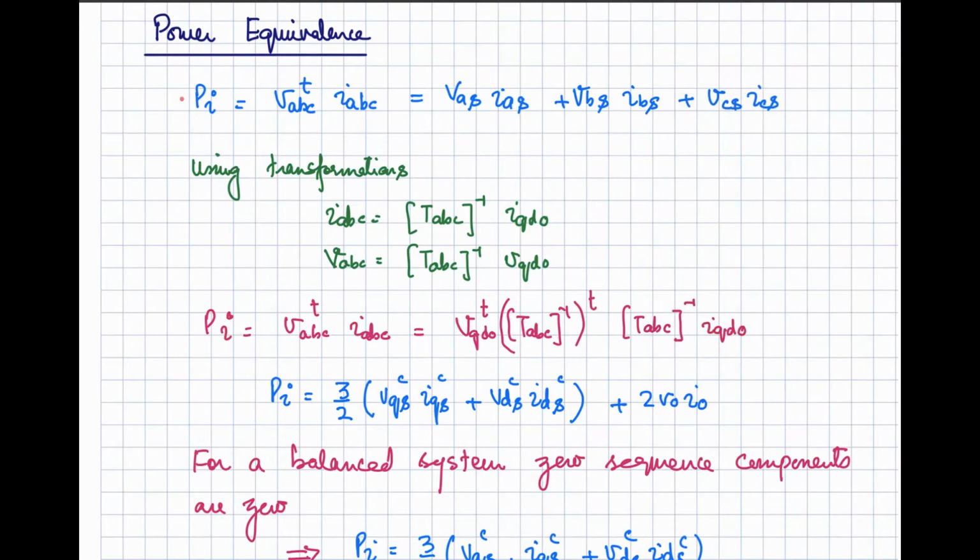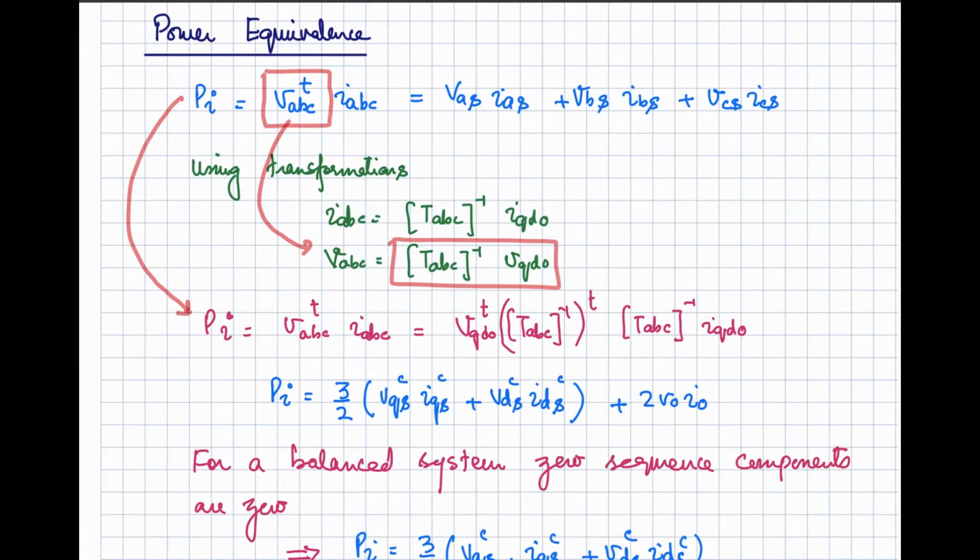So now you can translate this equation in terms of the DQO. How can you get it done? Because we know that VABC transpose can be written like that, that is, VQDO transpose into TABC matrix inverse transpose. And similarly, the current IABC can be written in terms of the QDO frame of reference like this.